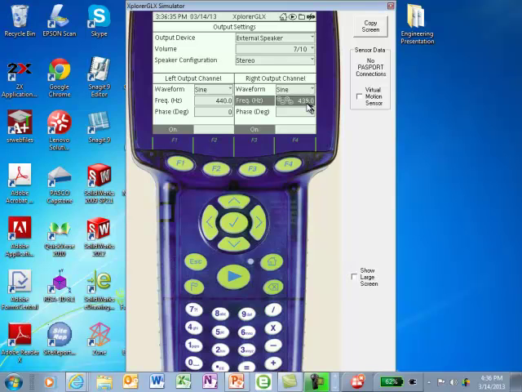Now I'm changing this one back to 439, and again, the difference is 1. You hear 1 beat per second. Change it to 438, and you now hear 2 beats per second, and 437, you now hear 3 beats per second.